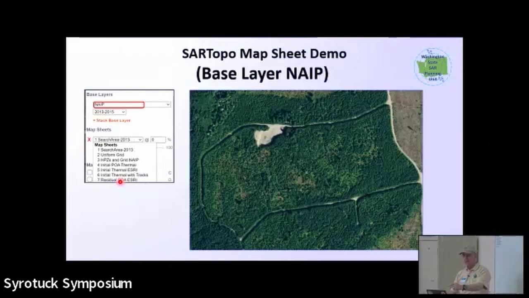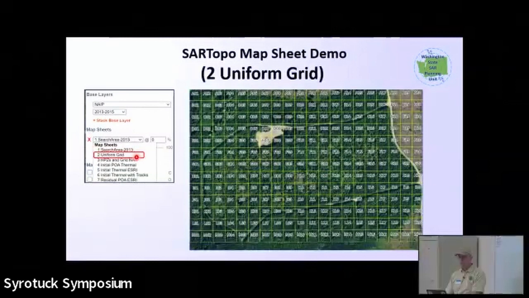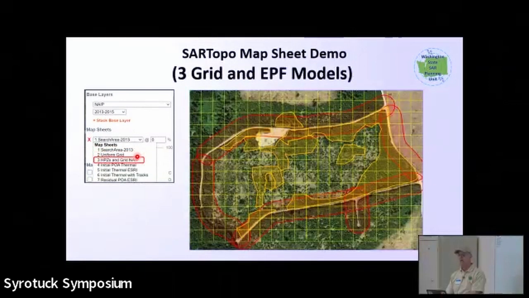And just by going down and selecting these and fading them in, we can see first, here's the original search area. Here's the search area when we went back in time. Here's the search area with the grid overlaid, bringing in another map sheet. Now we have our probability models, another map sheet.